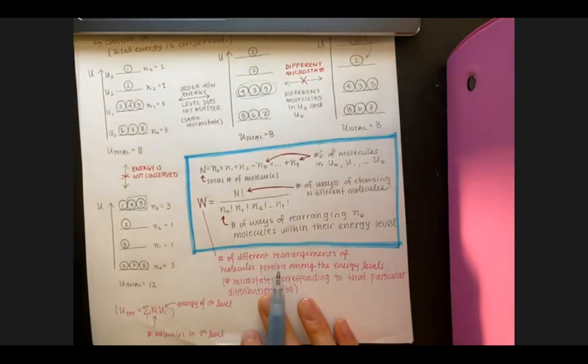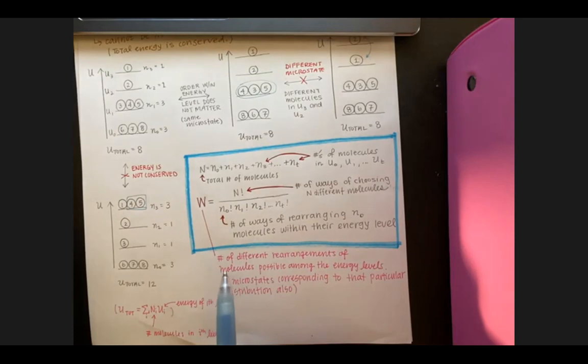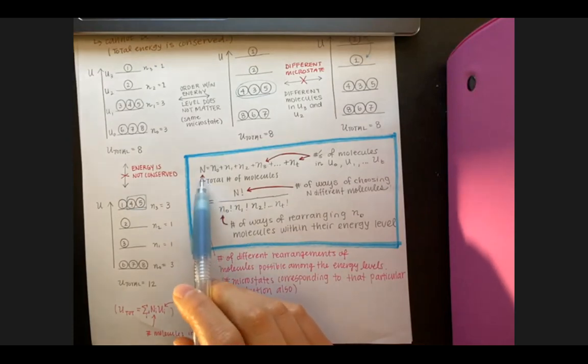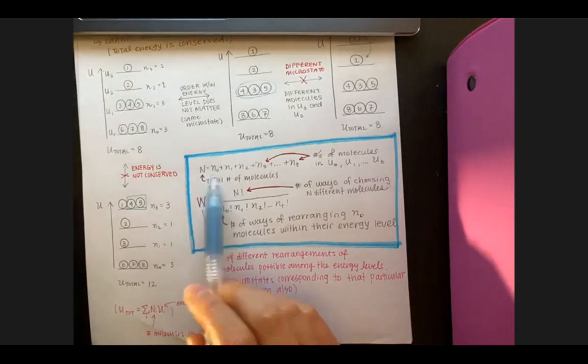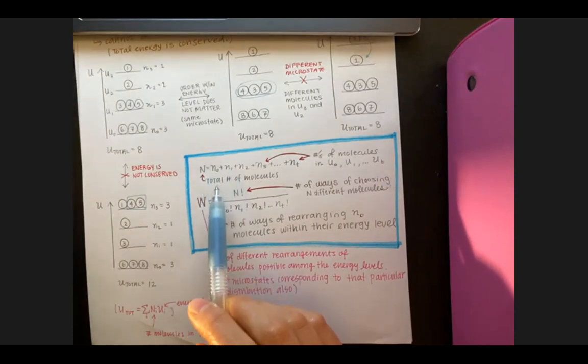So to calculate the multiplicity, the number of different arrangements of molecules possible among the energy levels, we're going to need to know the total number of molecules n, and that is equal to the sum of the number of molecules in each energy level.